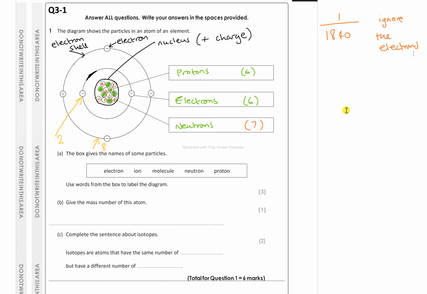So we just need to count the number of protons and neutrons. So if I were to do this, 1, 2, 3, 4, 5, 6, 7, 8, 9, 10, 11, 12, 13. So we know it's 13. Because I'd counted the number of protons and neutrons, if I added those, I would have got 13.